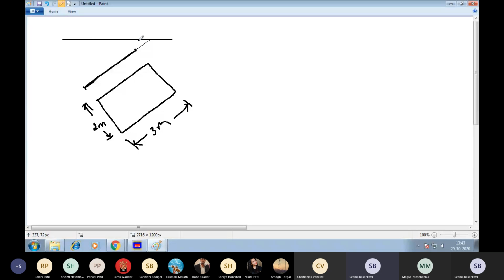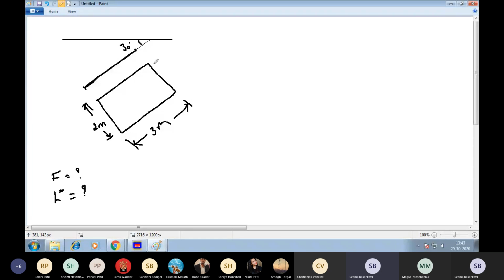The angle of inclination is 30 degree, the value of theta is 30 degree. You need to identify the total pressure and the center of pressure. The position of center of pressure should be identified.